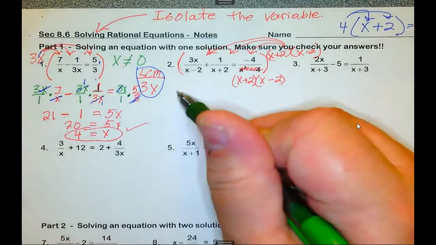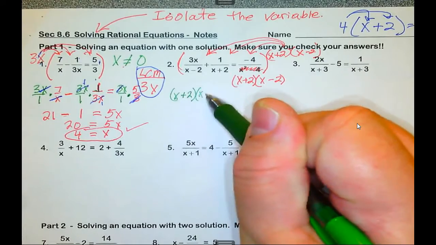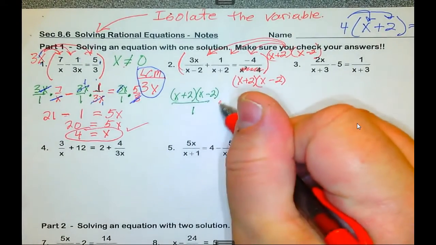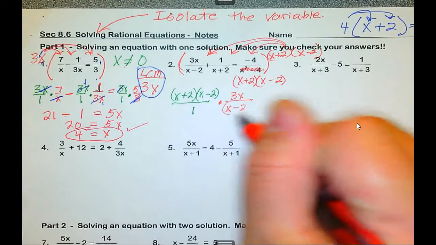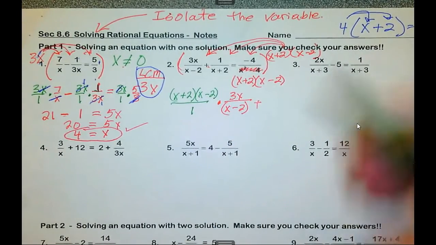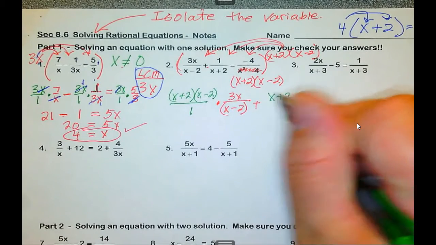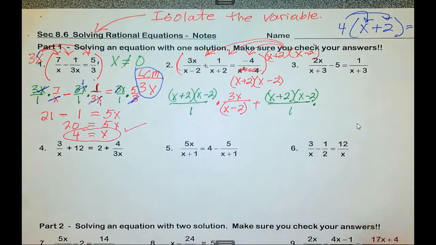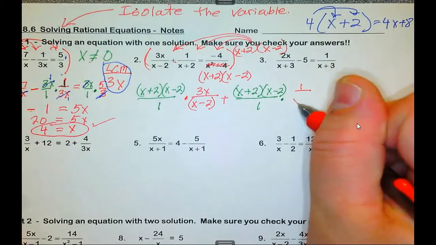Okay, the first term, I'm going to multiply x plus 2, x minus 2 over 1 times 3x over x minus 2, plus, we're going to multiply x plus 2, x minus 2 over 1 times 1 over x plus 2.